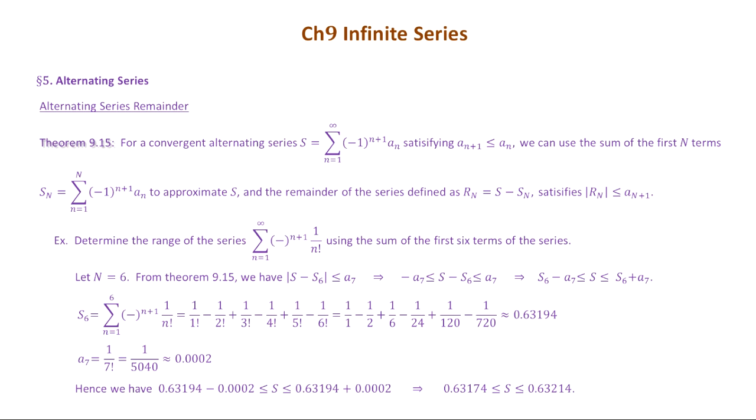Suppose we have a convergent alternate series, and obviously the second condition a_(n+1) less than a_n is satisfied. Let's take the sum of the first n terms of this alternate series and use that to approximate the whole series, the sum of infinitely many terms. Then we define the remainder of the series as S minus S_n.